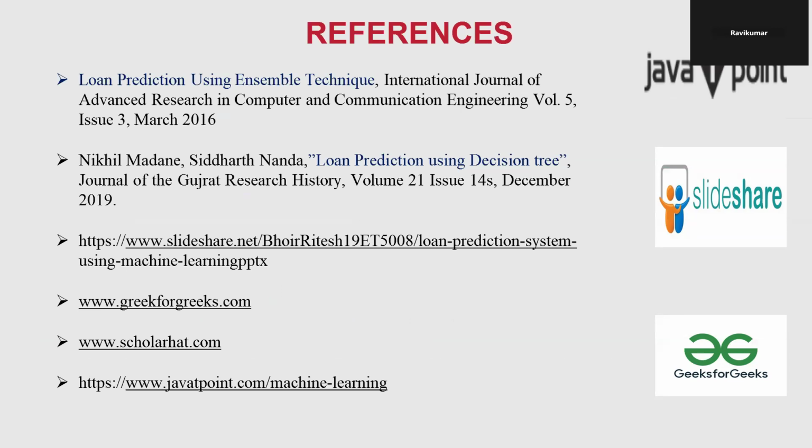References. Loan prediction using ensemble technique, International Journal of Advanced Research in Computer and Communication Engineering, Volume 5, Issue 3, March 2016. Nikhil Madan, Siddharth Nathan, Loan Prediction Using Decision Tree, Journal of the Gujarat Research History, Volume 21, Issue 14, December 2019.